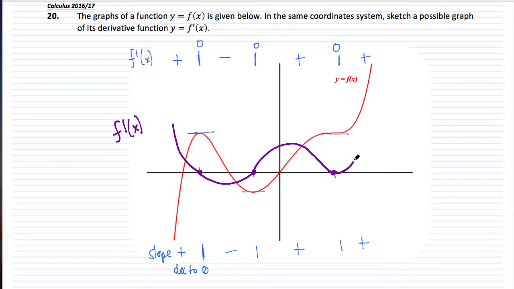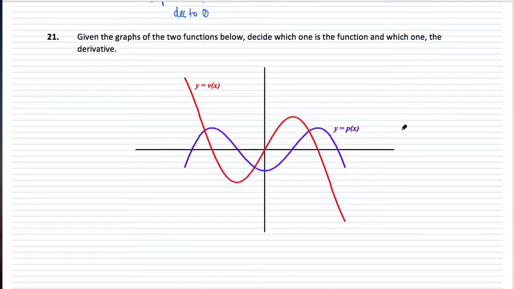So we could have something that looks like this. So the thought process here is really take a look and work through your function's slope very slowly. And you can do this one section at a time, and you will be just fine.